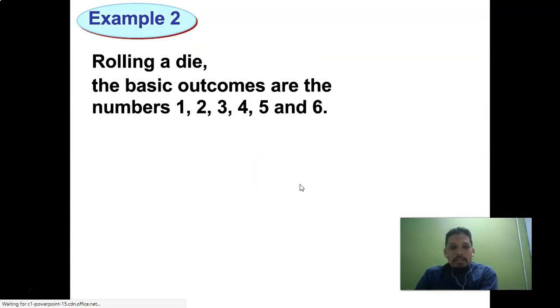Rolling a dice. I do believe that all of you have seen this object before, a dice, when we play games. One face shows 1 dot, meaning it's a 1. Let's say here is 4, and here 6.